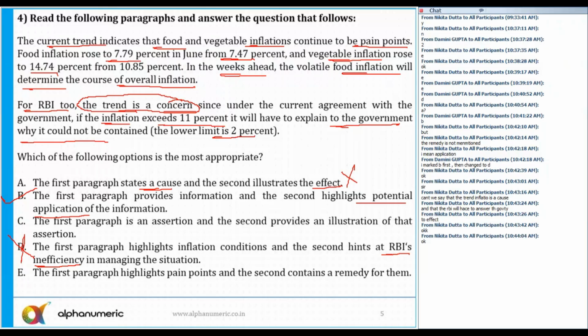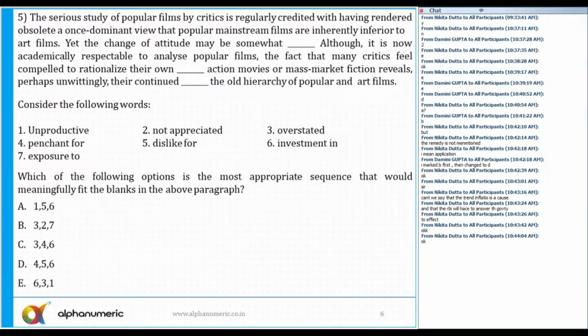Question number five. I think in comparison to other years, this paper was easier. Is that 2017? It was slightly easier. Number five, fill in the blanks. There are three blanks. The serious study of popular films by critics is regularly credited with having rendered obsolete a once dominant view that popular mainstream films are inherently inferior to art films.